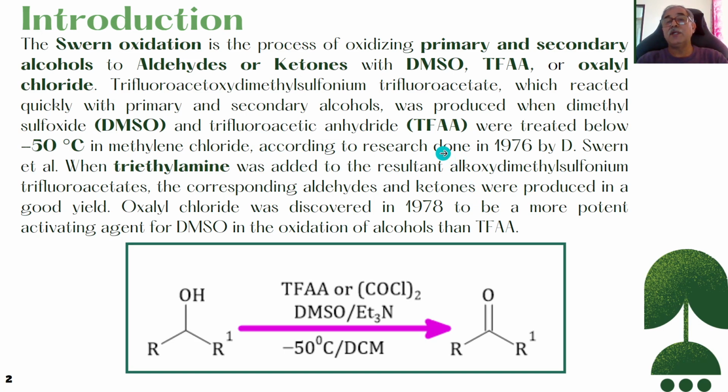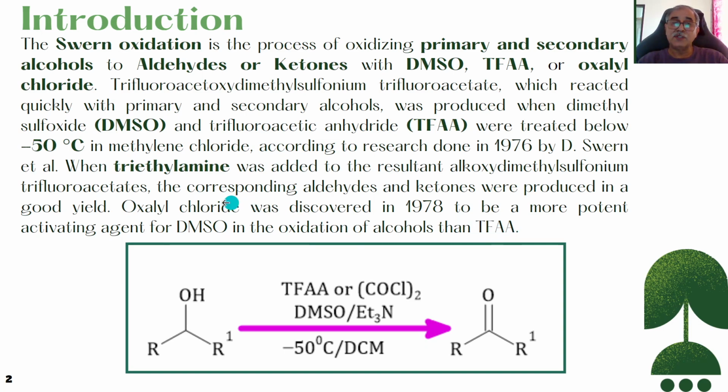Then this reaction was discovered in 1976, but it suffers from certain side reactions, and then in 1978 a modification was done. Modification means instead of TFAA, oxalyl chloride was used for this reaction, and oxalyl chloride was found to be a more potent activating agent for DMSO in the oxidation of alcohols than TFAA.